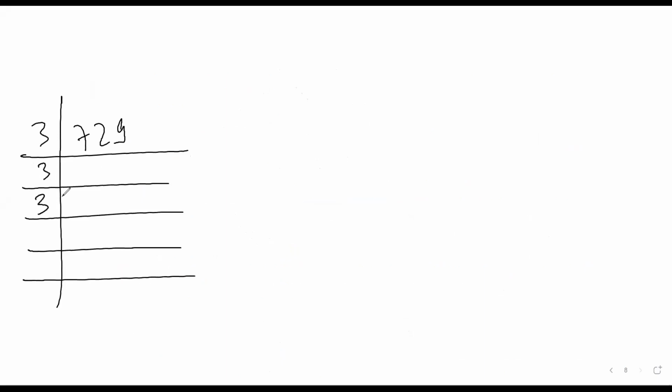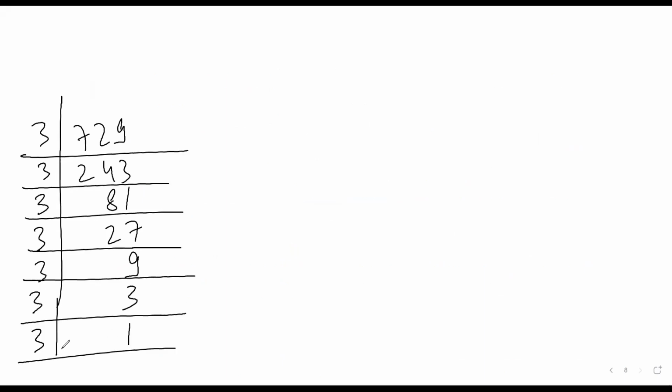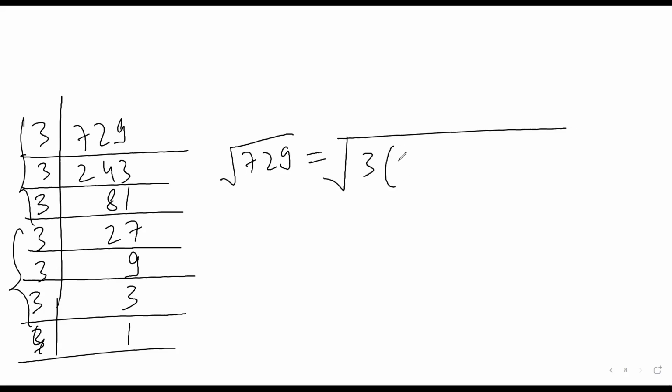Okay, so it will be 9 into 3 equals 27. So in total, the square root of 729 is equal to 3 into 3 into 3 into 3 into 3 into 3.